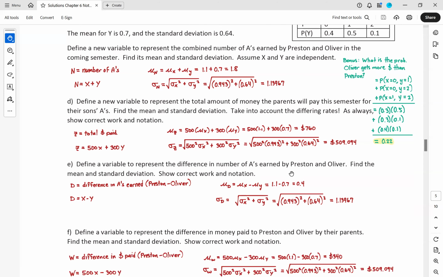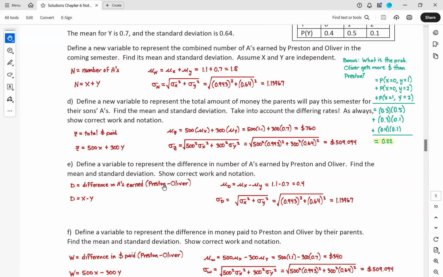All right, moving right along to part E. Let's make a variable to represent the difference in number of A's earned by Preston and Oliver. The problem doesn't specify, but order is important for subtraction.